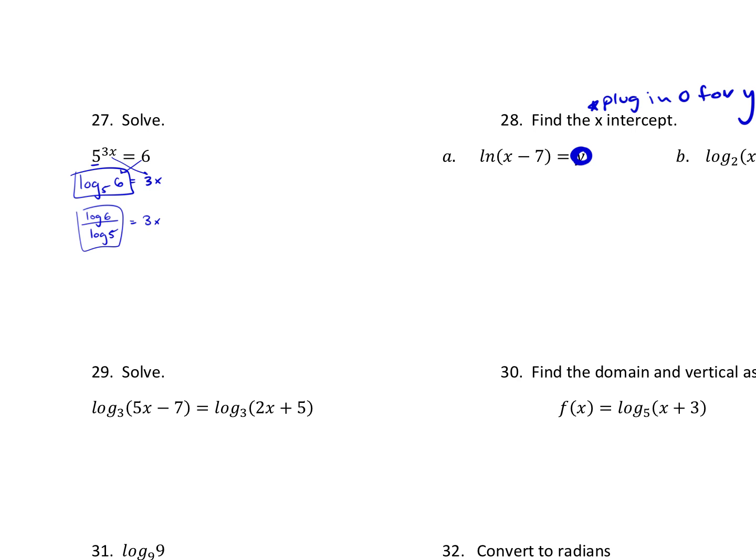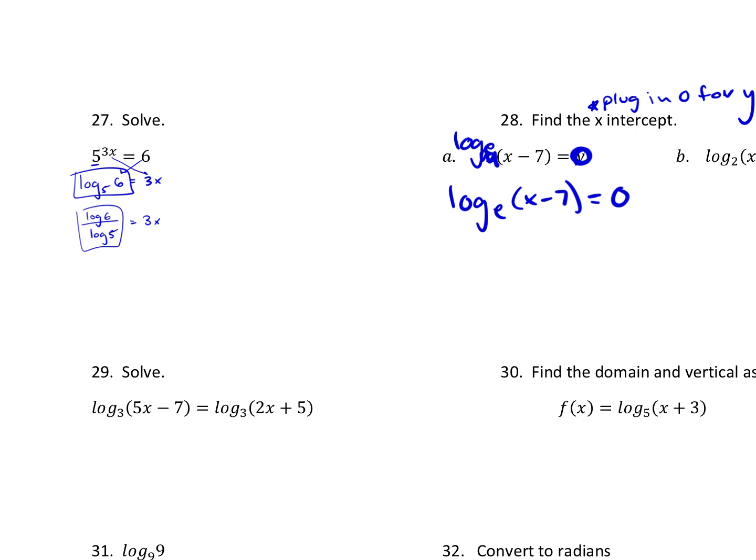For this question, for A, we may want to change it into log form. ln is the same as log base e. So if this was log base e of x minus 7 equals 0, when it's in log form, change it to exponential form.